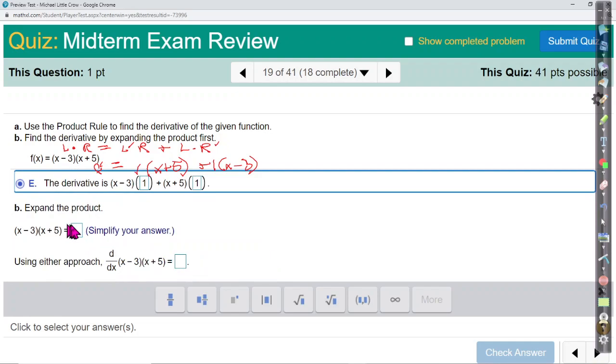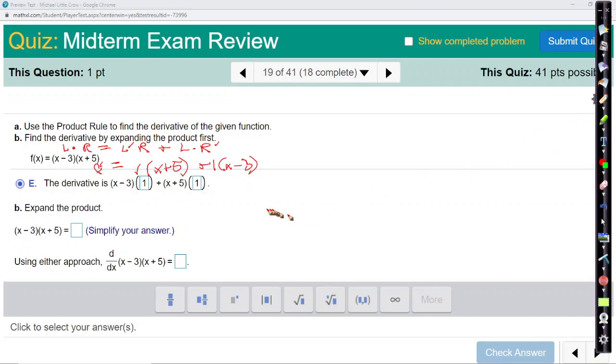Now when you expand it, this is a good way to check it out. Foil it out. I didn't realize there's more to this, so we get x squared, right? x times x, and then x times plus 5 is plus 5x, negative 3 times x is negative 3x, and then negative 3 times 5 is negative 15.